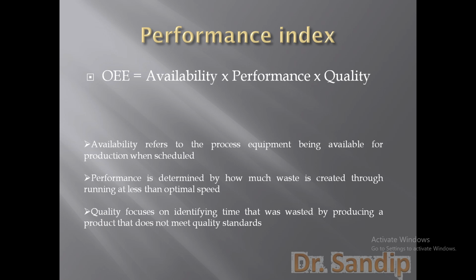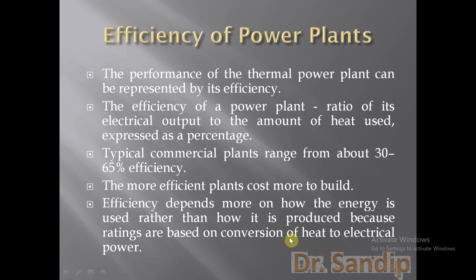If you are producing a product, in this case hydroelectric power or electricity, and that cannot be used because it doesn't meet the standard, you have already wasted time which is very valuable, right? So that is what quality determines. You should not be wasting that time on substandard material or substandard output.